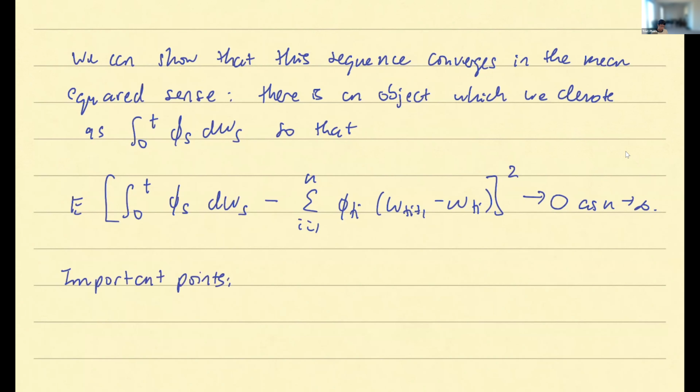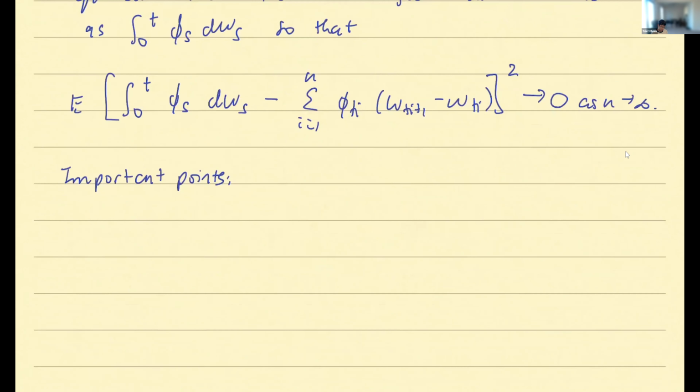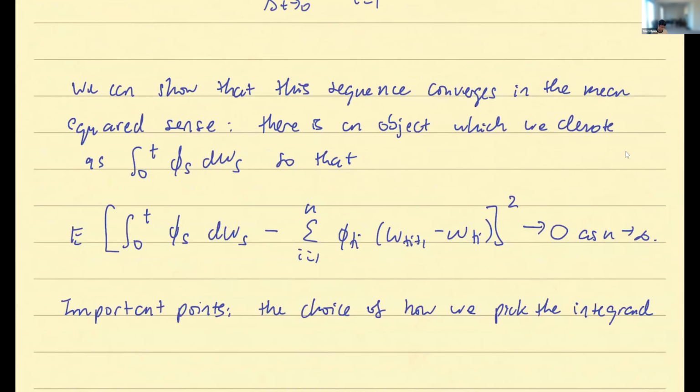You still see the effect of the Brownian motion not being differentiable. In this sense, the choice of how we pick the integrand term matters.